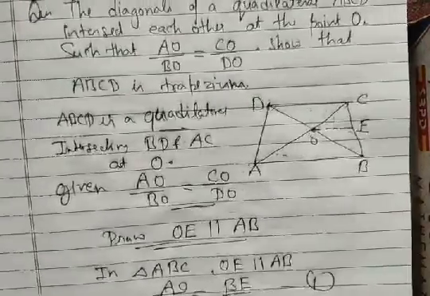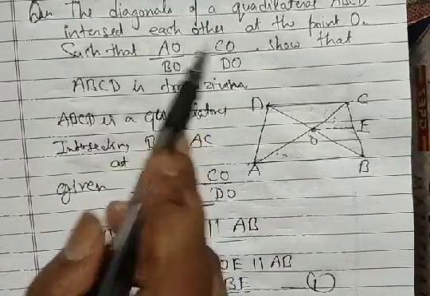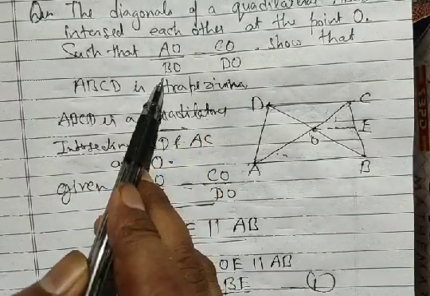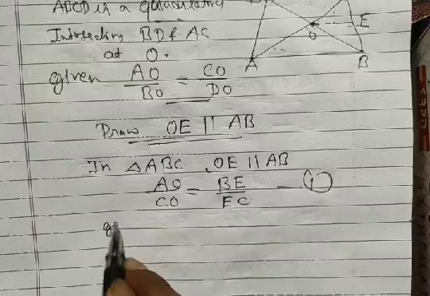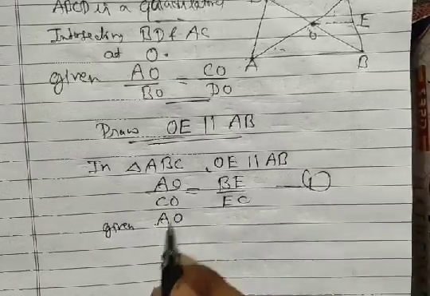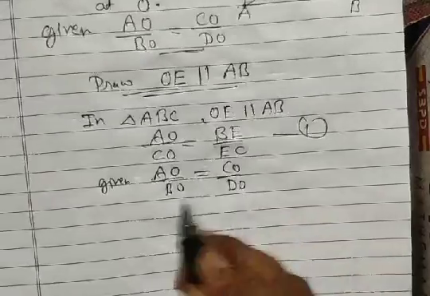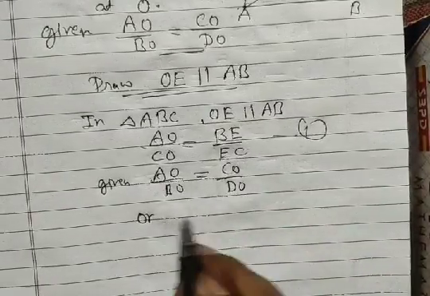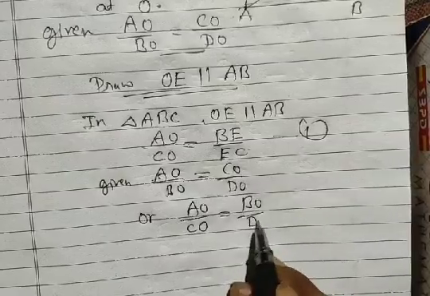But from what is given, AO is to BO equal to CO is to DO. We can interchange this, so AO is to CO is equal to BO is to DO.